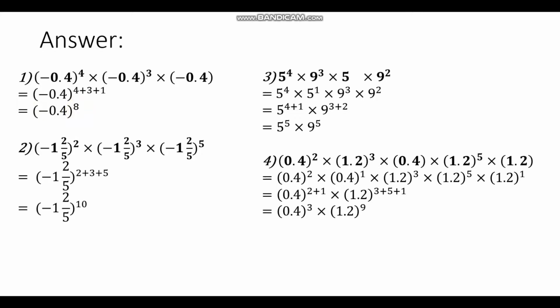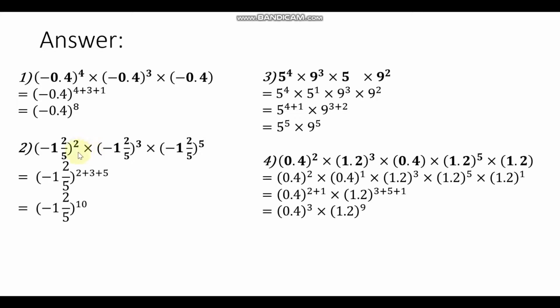For the second question we have negative 1 and 2 over 5 to the power of 2 times negative 1 and 2 over 5 to the power of 3 times negative 1 and 2 over 5 to the power of 5.